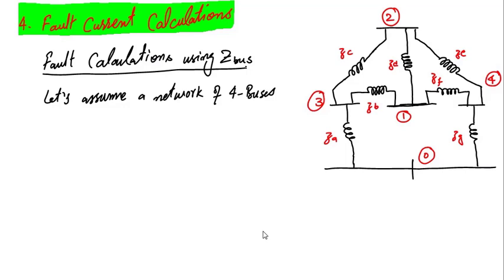The branch impedances a, b, c have been mentioned with the help of small z. Small z stands for branch impedance, and in Z bus entries we use capital Z. The subscripts a, b, c are for branches and subscripts 1, 2, 3 are for nodes. Now for this 4 bus system, to perform the 3-phase short circuit analysis, there will be an assumption that the system we are going to use is unloaded.